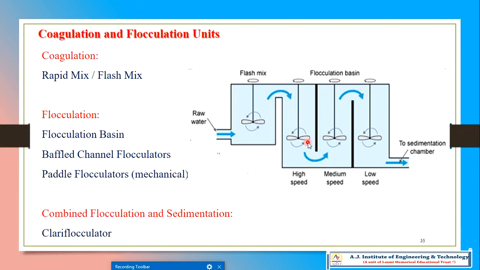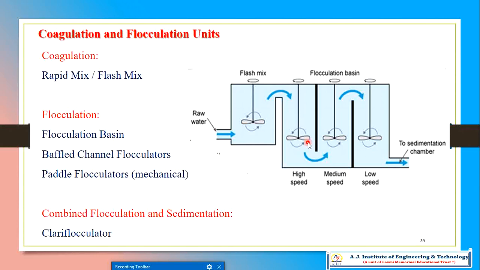Then you can send them to the sedimentation chamber, where you have collection or settling of the particles. So this will be the main agenda of the coagulation and flocculation unit.